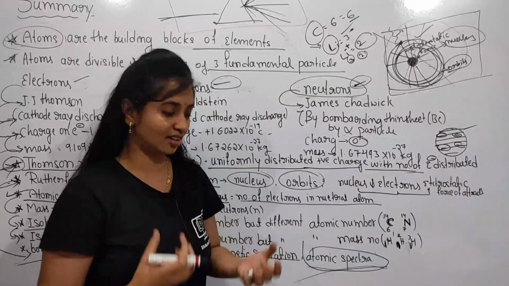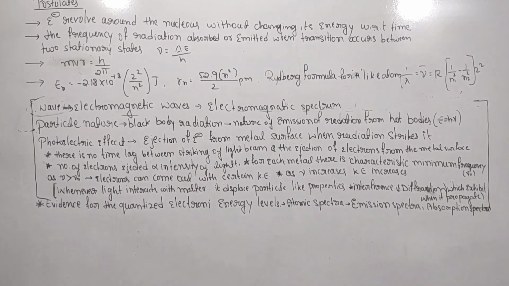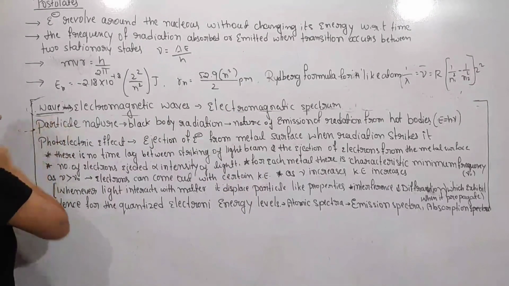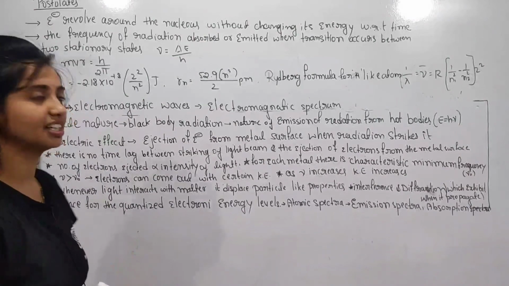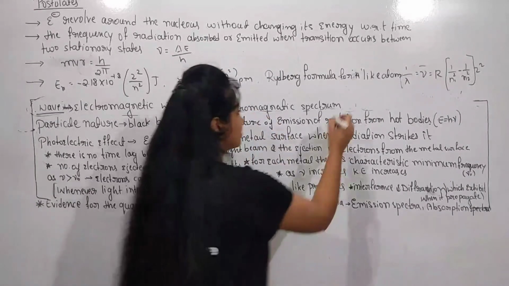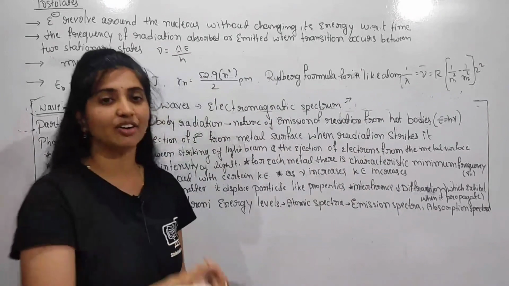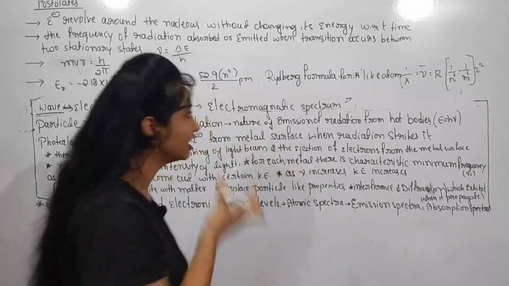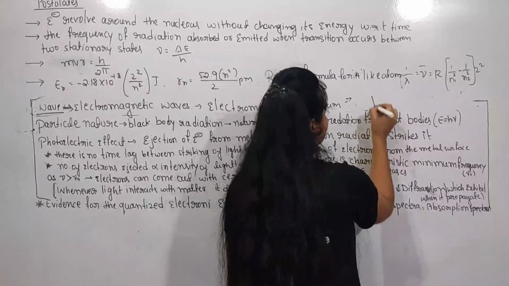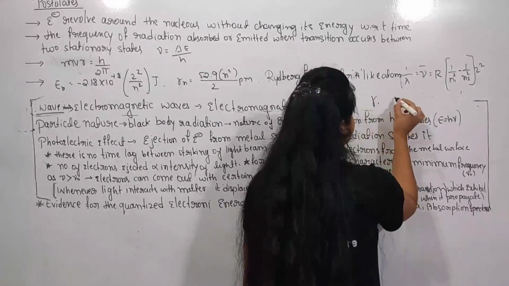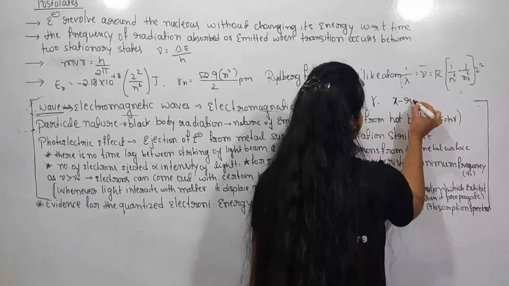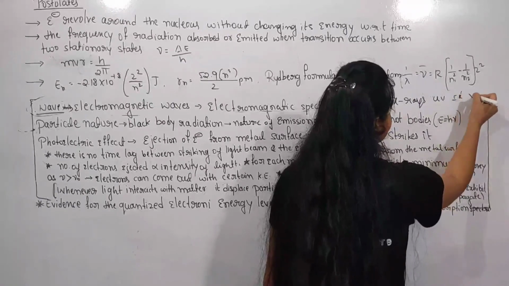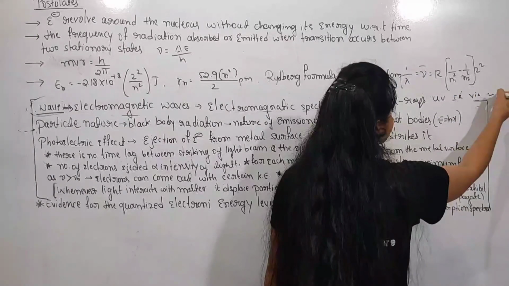By the help of the electromagnetic spectrum, we know more about the wave nature of electromagnetic radiation. In this electromagnetic spectrum, according to their frequencies or wavelengths, different regions have different radiations like gamma rays, X-rays, UV rays, infrared rays, visible region, microwaves and radio waves.